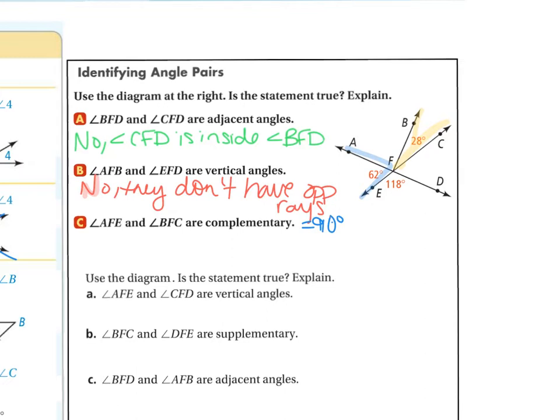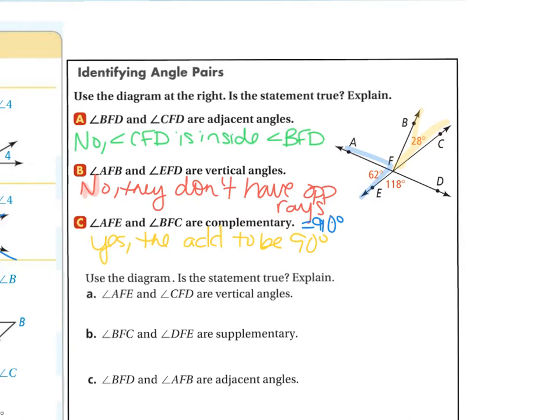Yes, it looks like they do. 62 plus 28. So yes, they add to be 90 degrees. So that's a yes.